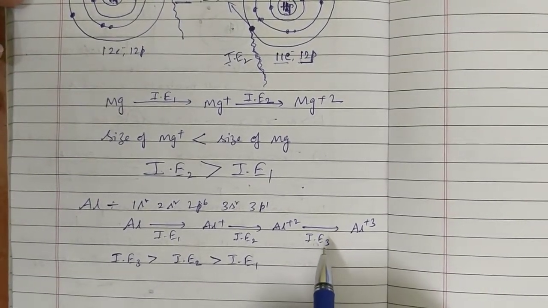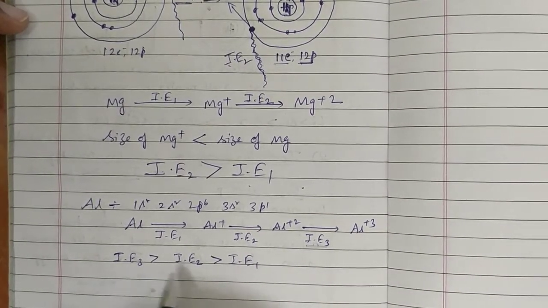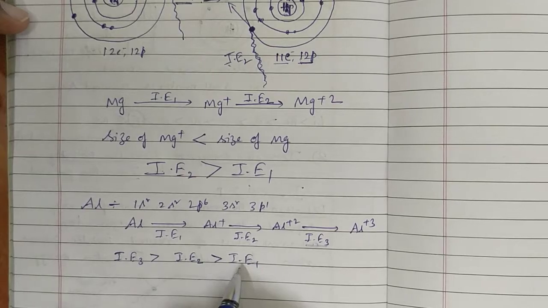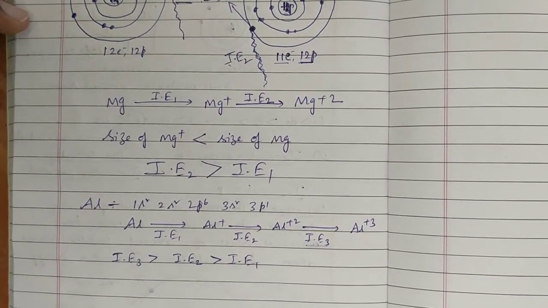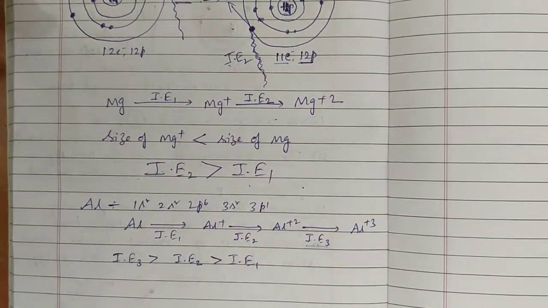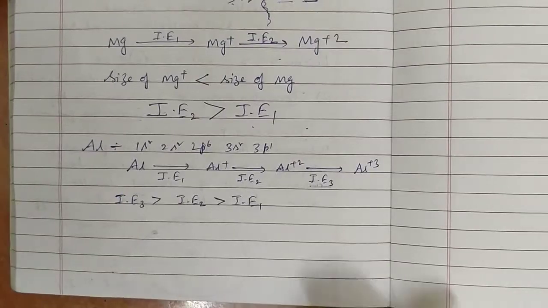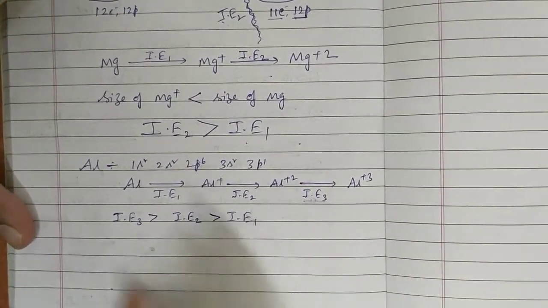Because of that, a high amount of energy is required to remove the electron. In that way, IE3 is greater than IE2, and IE2 is greater than IE1. Like that, IE4 is greater than IE3, IE3 is greater than IE2, IE2 is greater than IE1. Now, I am going to give some points which are useful for your MCQs.